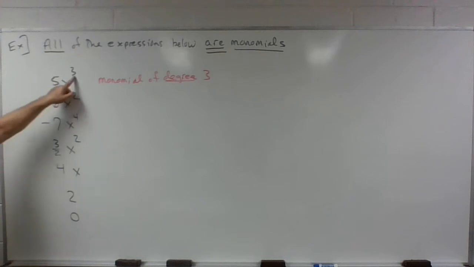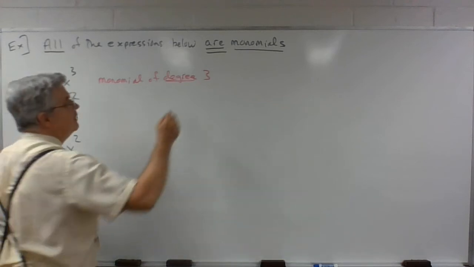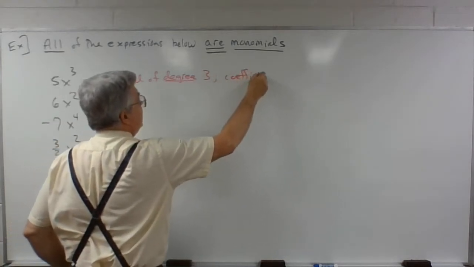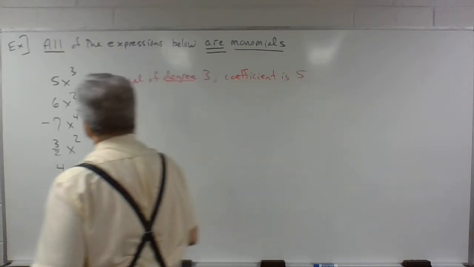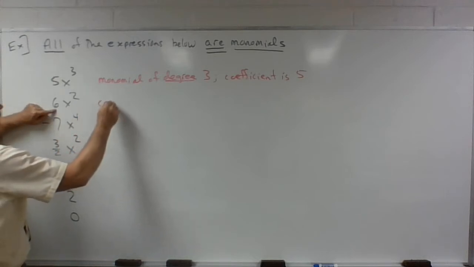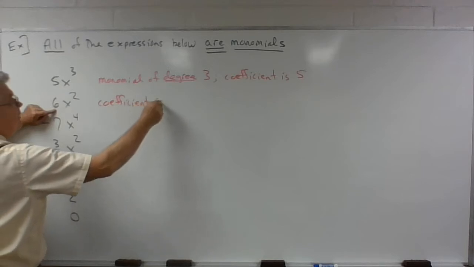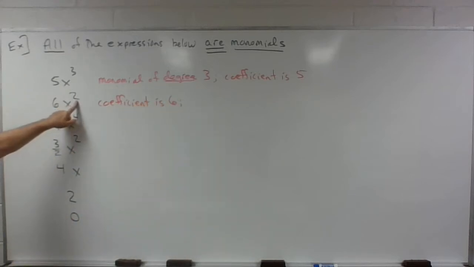Monomial of degree 3, and the coefficient is 5. This one, the coefficient is 6, and the degree is what?